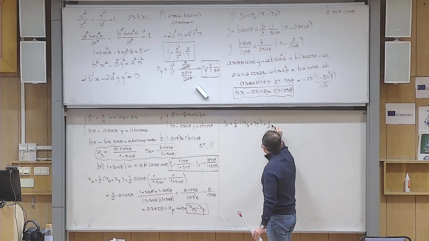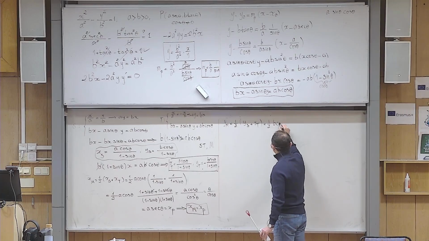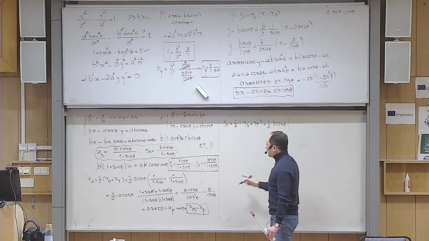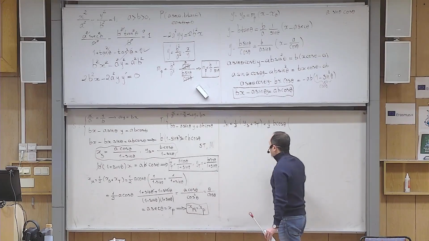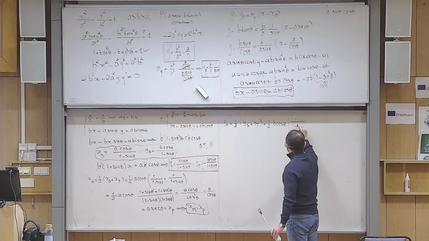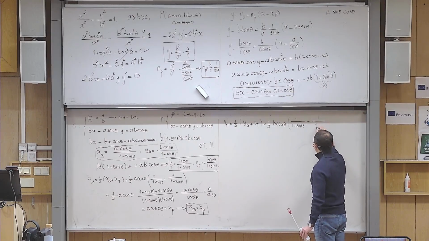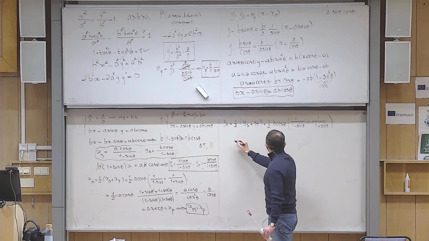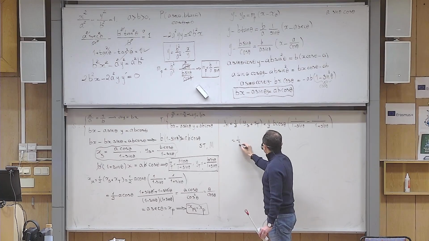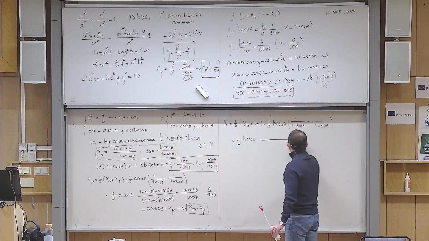So I factor that one out. Then the only difference is this minus sign now. So it becomes 1 over 1 minus sine theta minus 1 over 1 plus sine theta. So this time, when I take the common denominator, it becomes 1 over 2b cosine theta. Let me just do it a little bit faster.